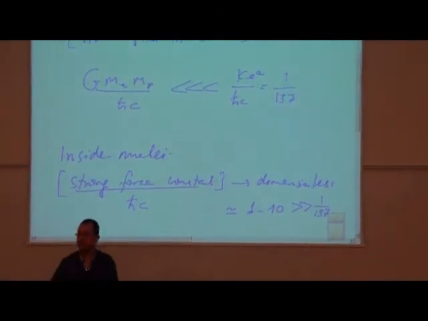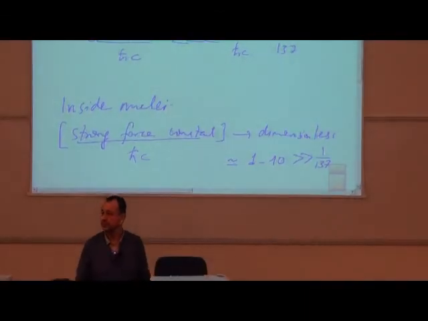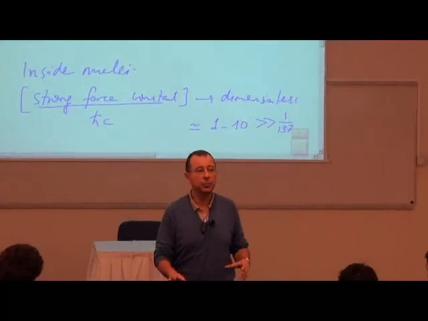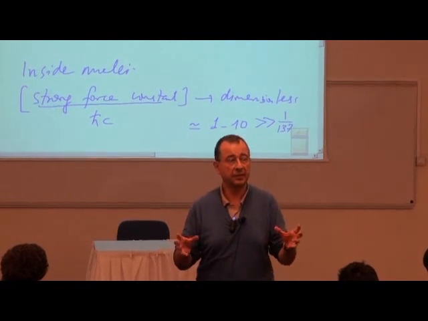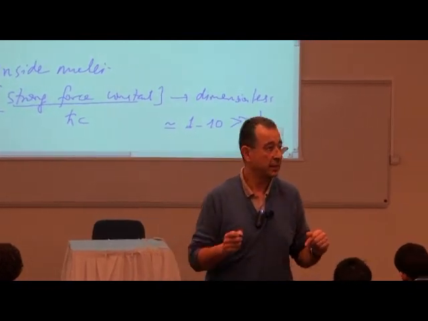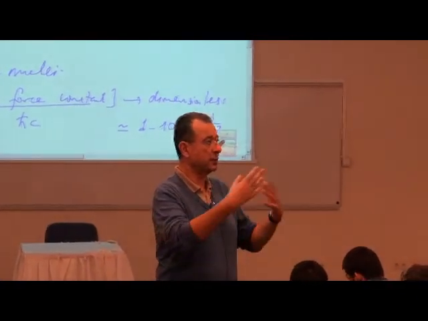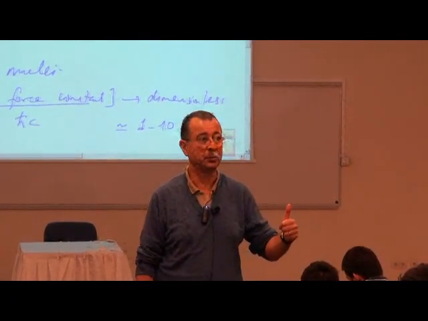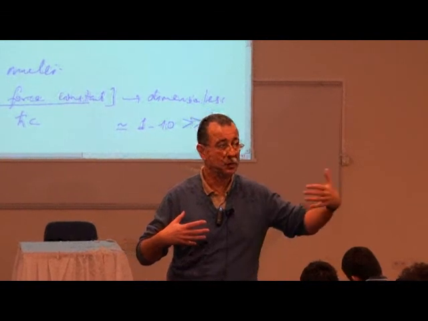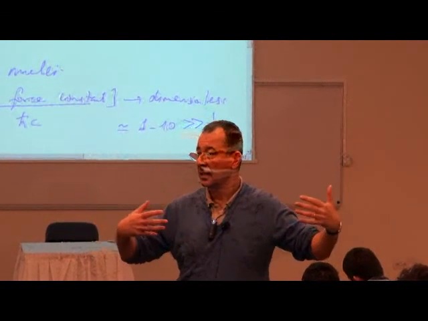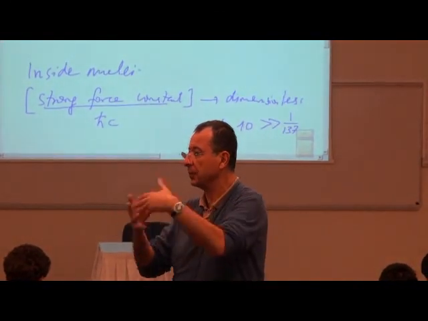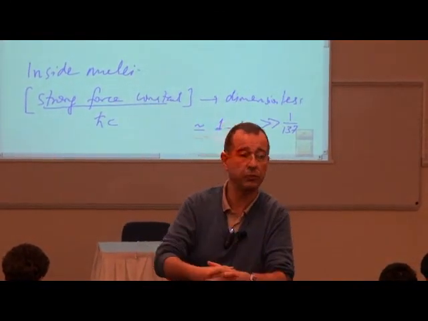So what this example tells you is, although I haven't done it all in detail, if you can find combinations of fundamental constants of nature that, when you multiply and divide, do not have any units, these must be really fundamental because they don't depend on our units. And then you can compare such constants for different types of forces, like for gravity, for electromagnetism, and for the strong force.